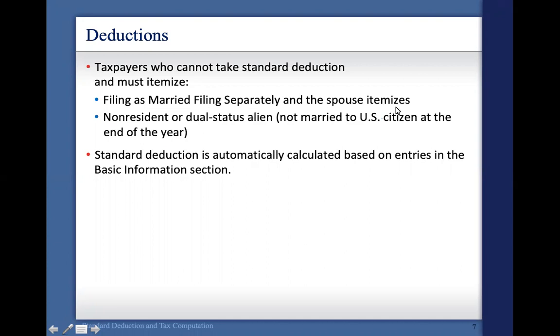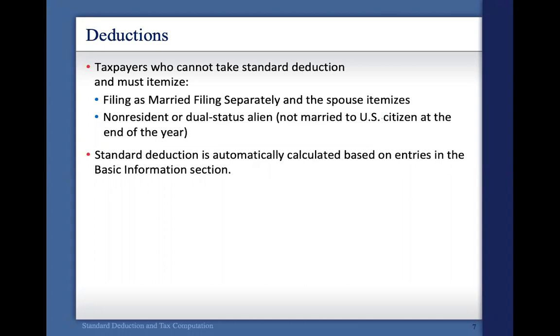And this would make sense because let's say, for example, a spouse is going to recognize all of the expenses for the medical, all of the real estate taxes that we're going to talk about, and those itemized deductions, if just taken on one of the married couple's tax return, exceeds the standard deduction, they're going to benefit.